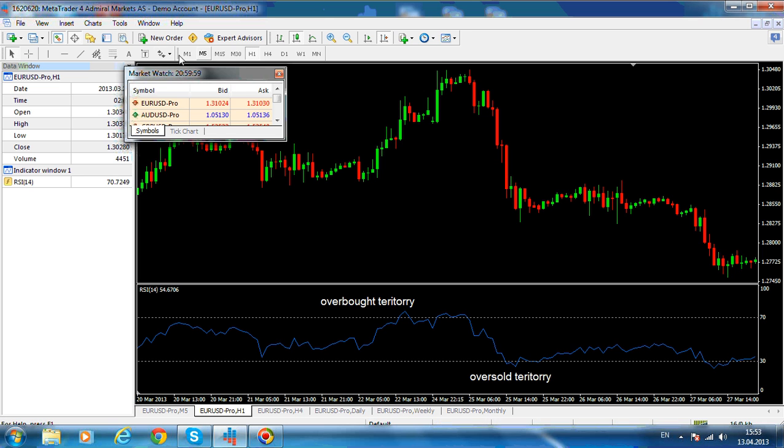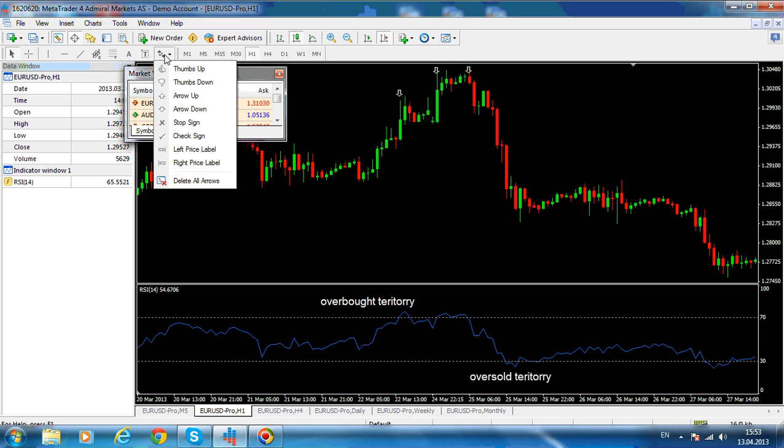I'm not saying you should go short into that area like this, but just so that you know that you are in an overbought territory, and being in an overbought territory, normally this area in here needs to be an area to be sold.